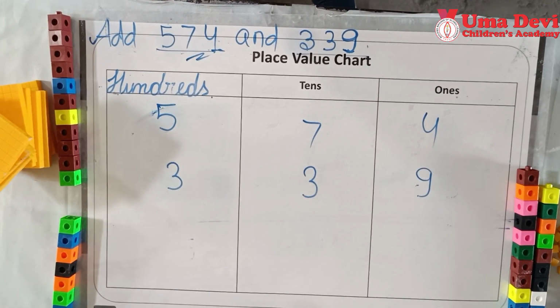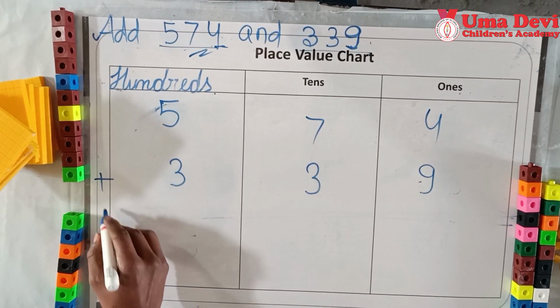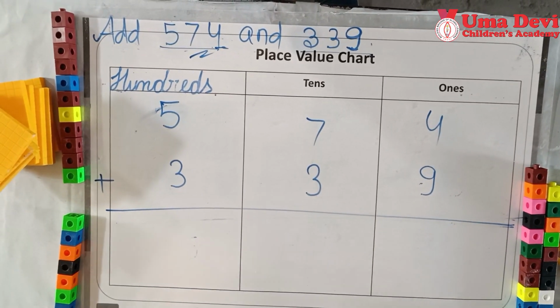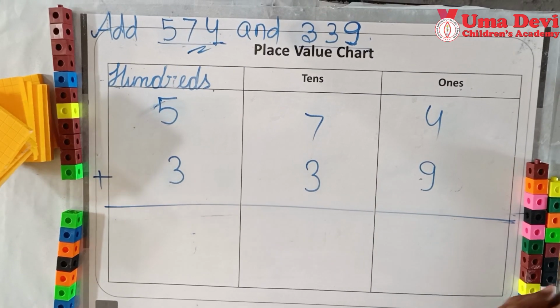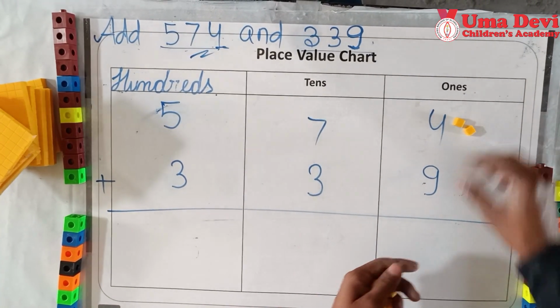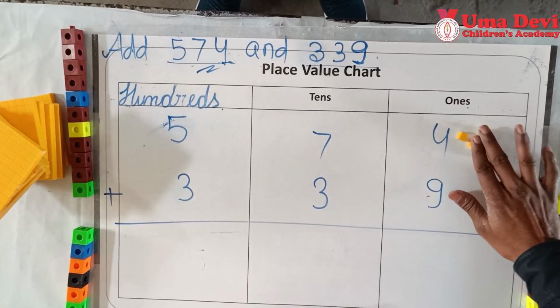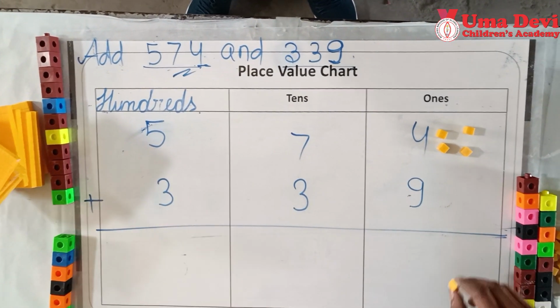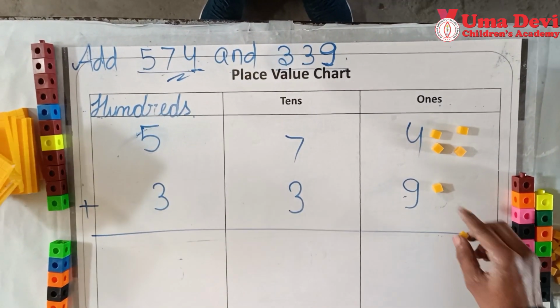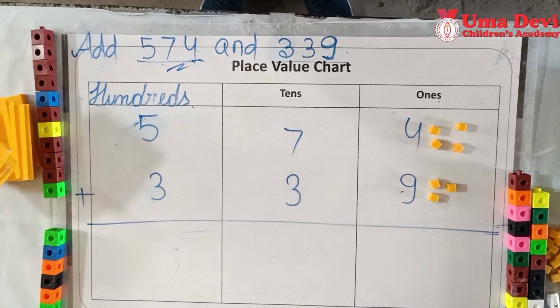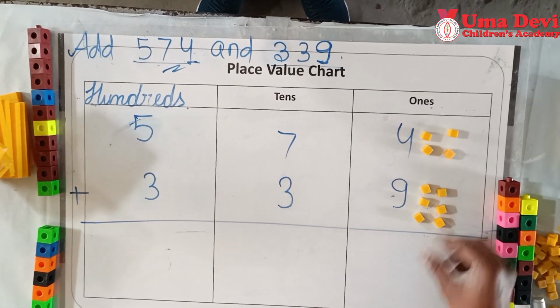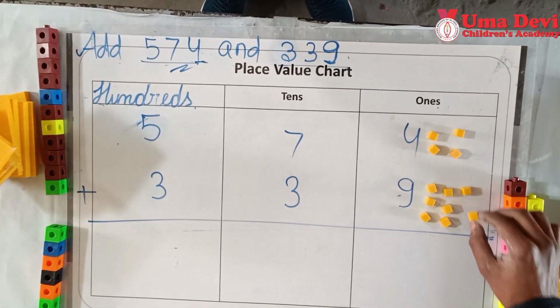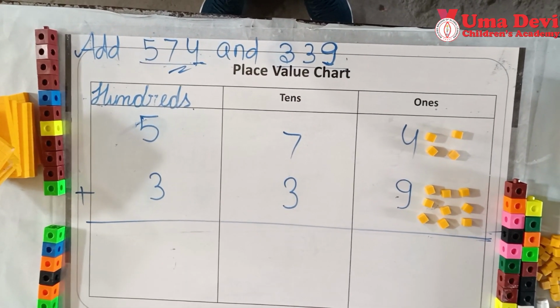So now how do we add these numbers? So look here. For this 4 in the ones column, I am taking ones blocks here. 1, 2, 3 and 4, right. For this 9, I will take here 9 ones blocks. 1, 2, 3, 4, 5, 6, 7, 8 and 9.